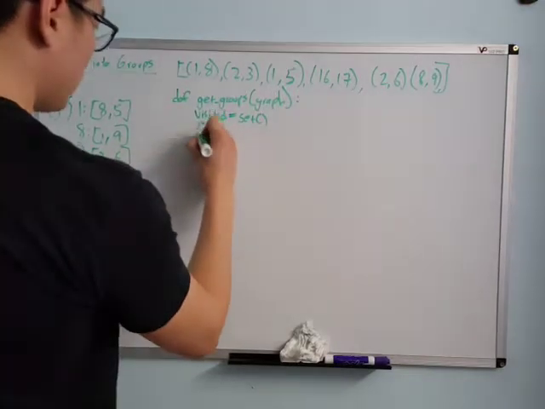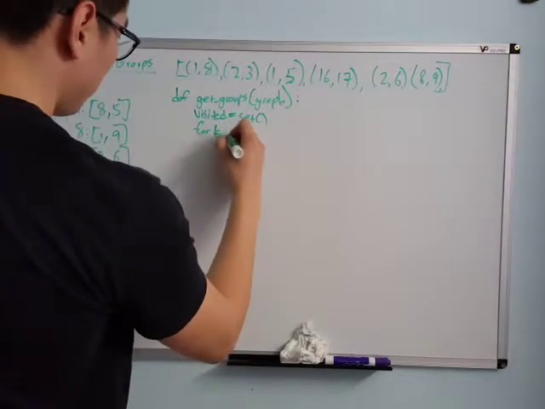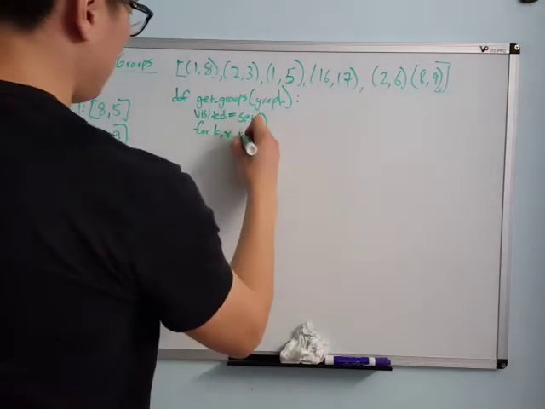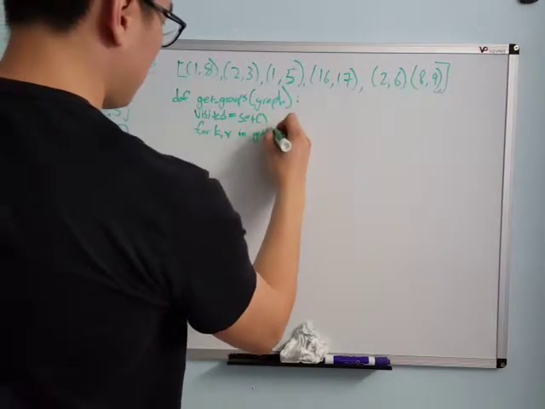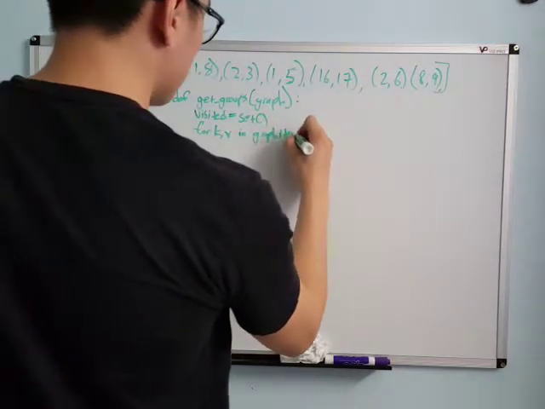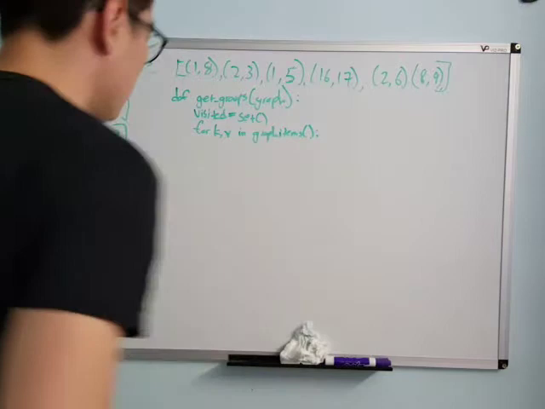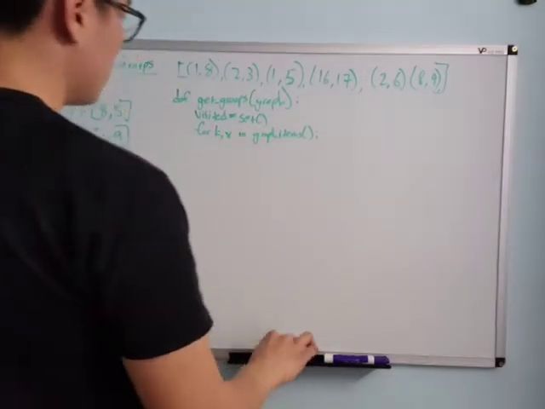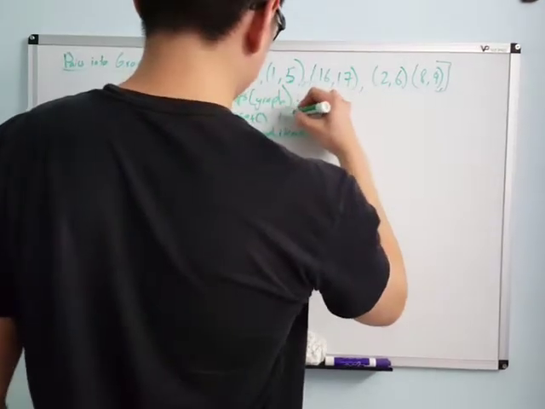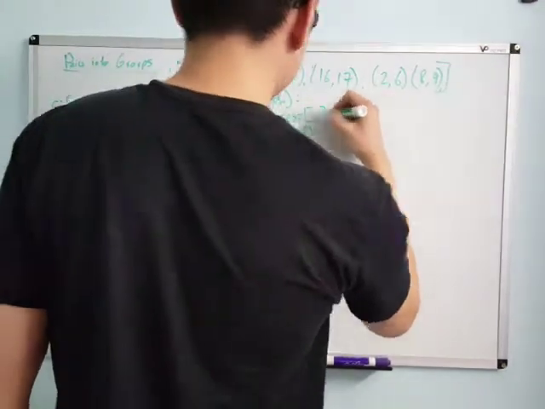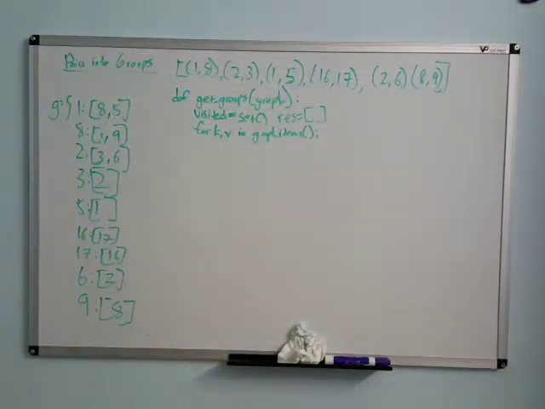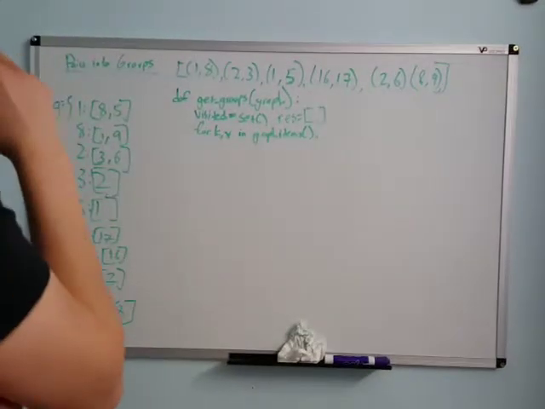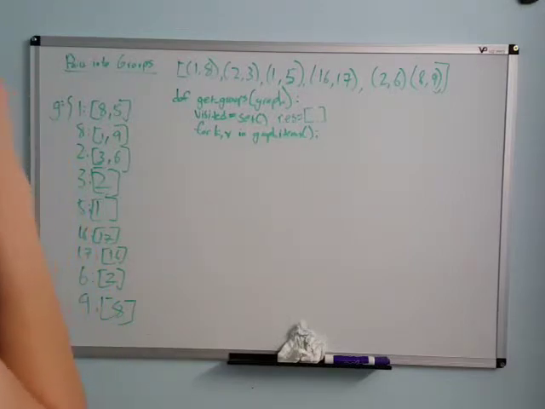And let's go through, let's see, so for k, v in graph.items(). No, yes, we need to return this as well, right? So let's create res is equal to this. And we need to populate that result, okay?